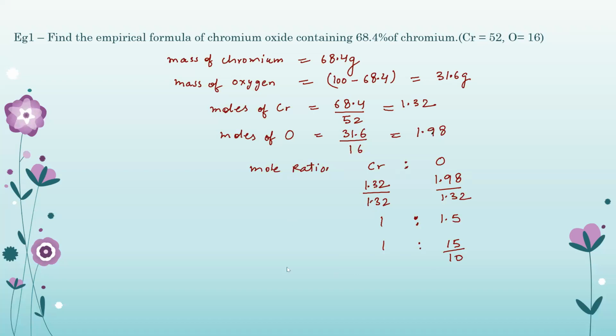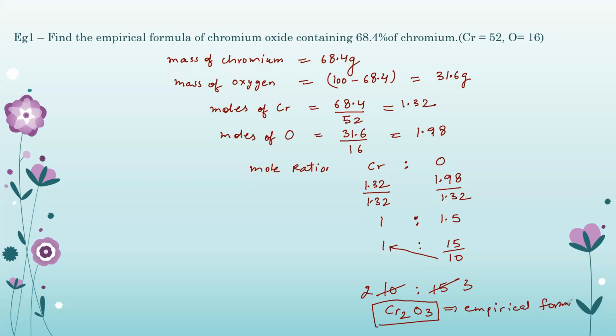So next, just take 10 to the other side. So 10:15, which would be converted into the simplest ratio, 2 and 3. Cut it by the table of 5, and you will get 2:3. So chromium is 2 and oxygen is 3. So this is the required empirical formula.